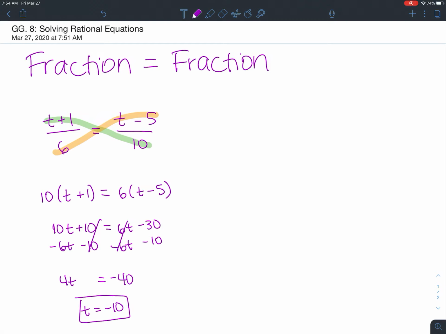I do want to plug it back in and check. So you'll need to do this on your test as well. Oops, I'm sorry, I'm plugging in negative 10.